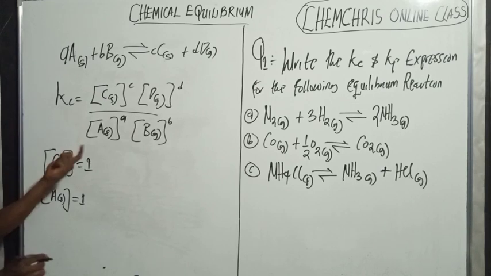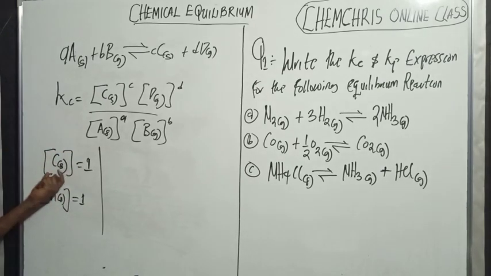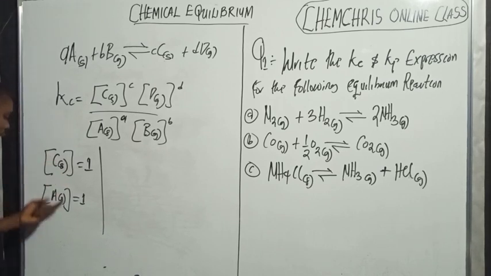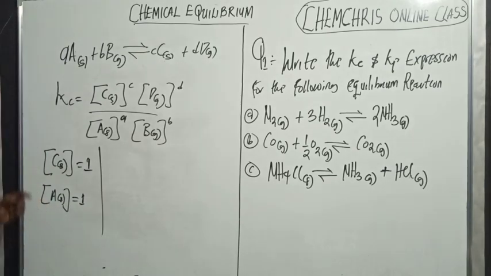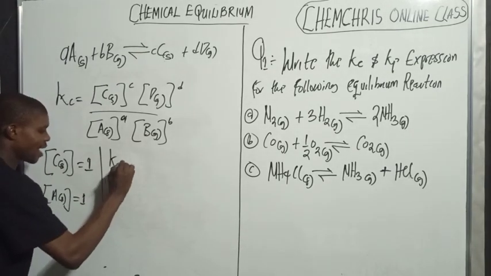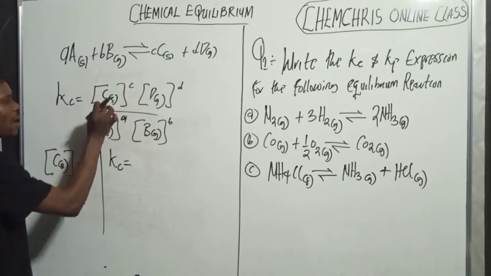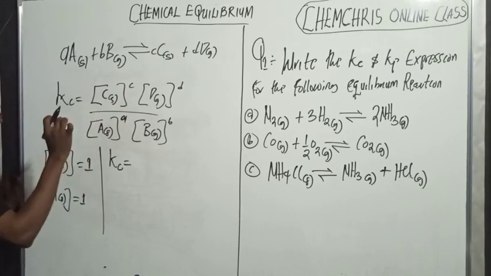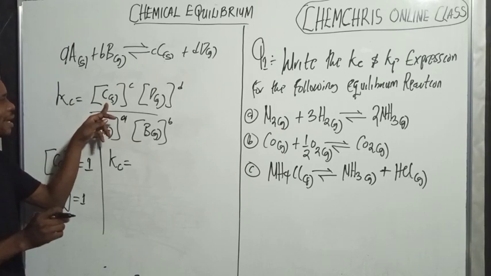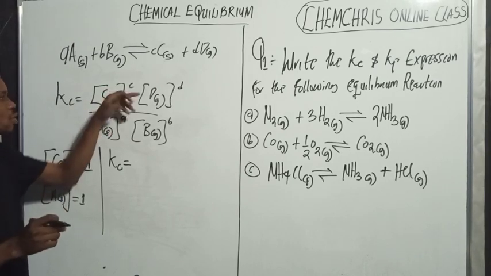So for the concentration of solid C and A, I want to input one. So Kc now equals one times this. Remember, if I have one here, this one is useless.